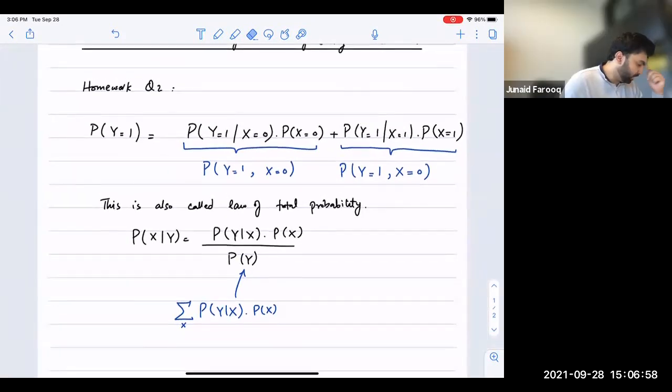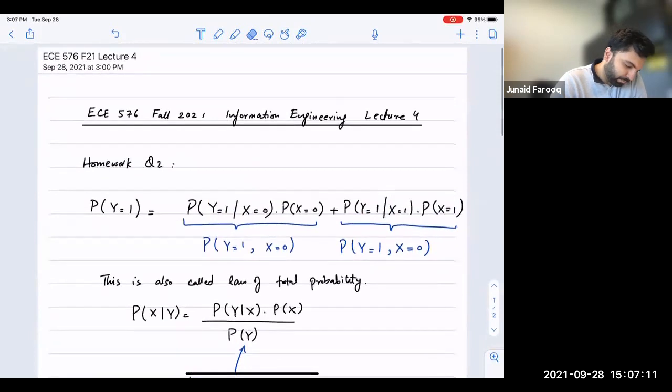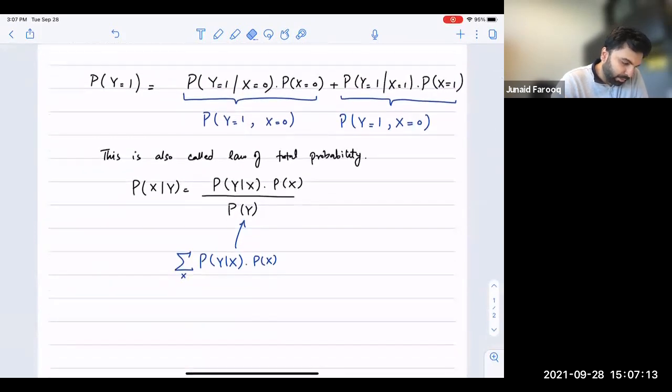Okay, so let's start with today's topic. We are going to discuss how to quantify information content in random variables and information sources. Up till now, we've seen how to do error correction codes and how to decode them.